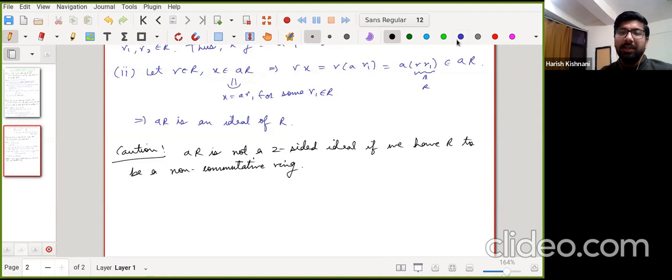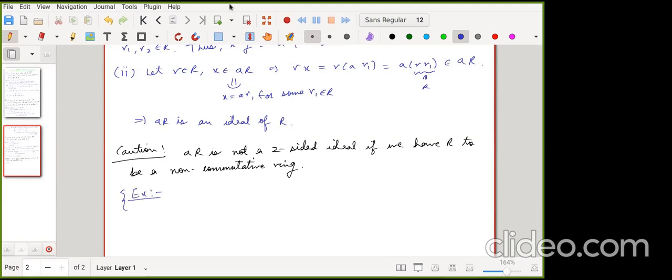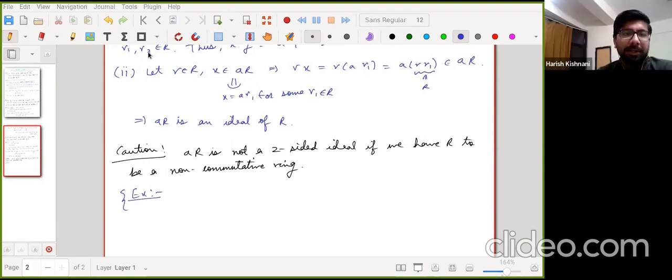What's the first example that comes to your mind? Any non-commutative ring? Matrix multiplication. Yeah, matrices with usual multiplication and addition.